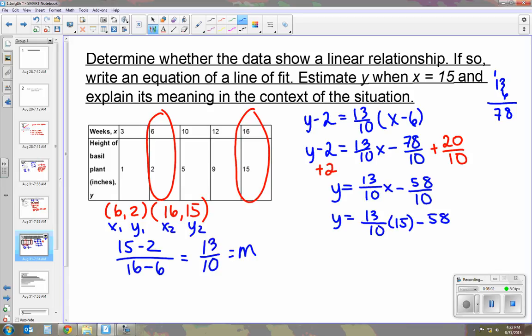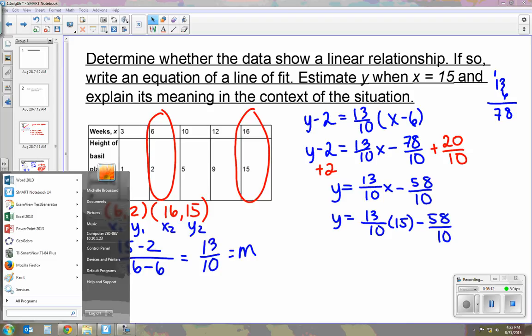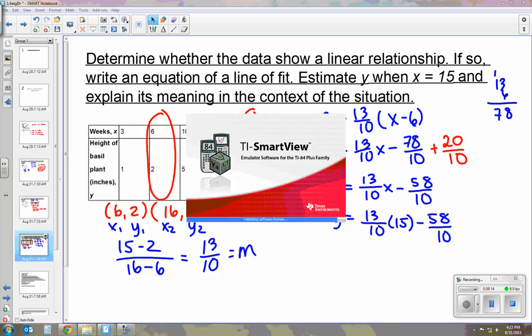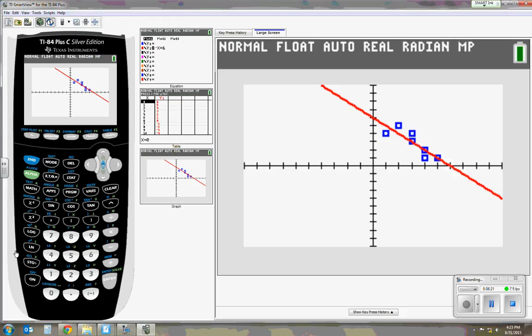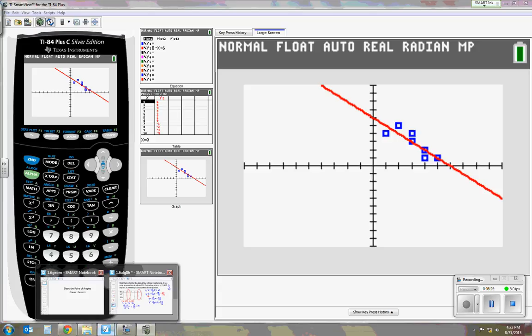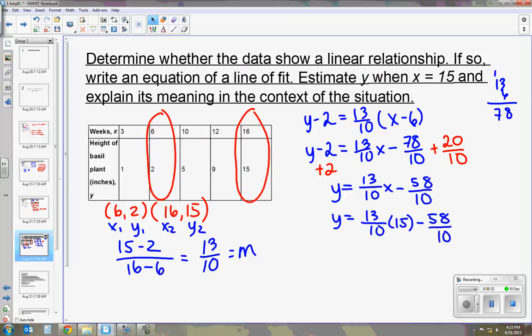And we can pull up our calculator and plug this into our calculator. So let's look at that equation again. So we have 13 tenths times 15 minus 58 tenths. So we can put this into our calculator.